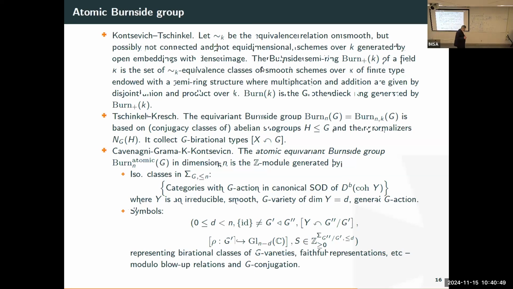Over the complex numbers, this is actually a blow up of P1 cross P1 cross P1 in an elliptic curve. So it's very rational. This is just a blowing up of P1 cross P1 cross P1.